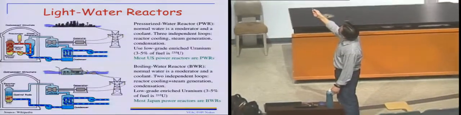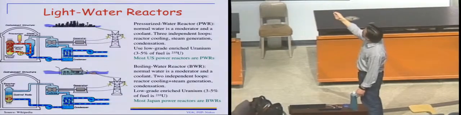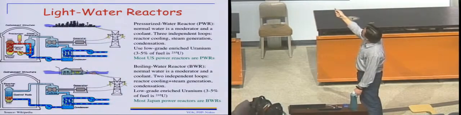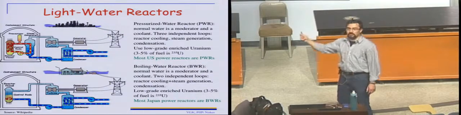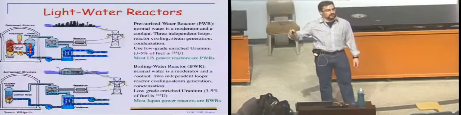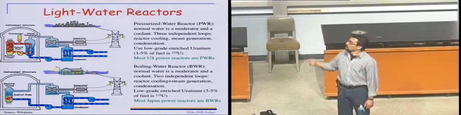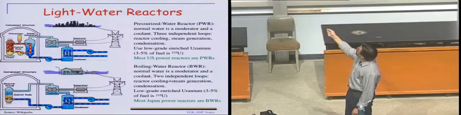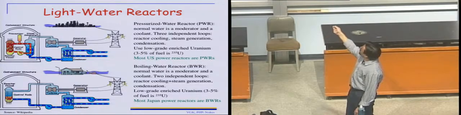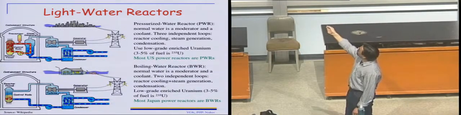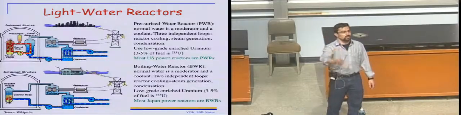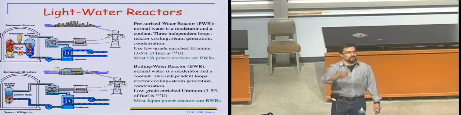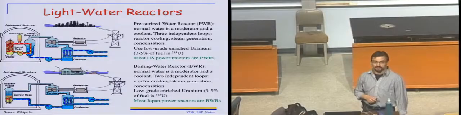So this water is superheated, it's under high pressure, and is then passed through a secondary loop. In this secondary loop, this water now is at a temperature that's higher than the normal boiling point of water of 100 degrees C. So this hot water warms up the secondary loop, boils the water in the secondary loop, produces steam, and that steam is delivered to the turbine, which converts the pressure of the steam into the rotation of the turbine, producing electricity.